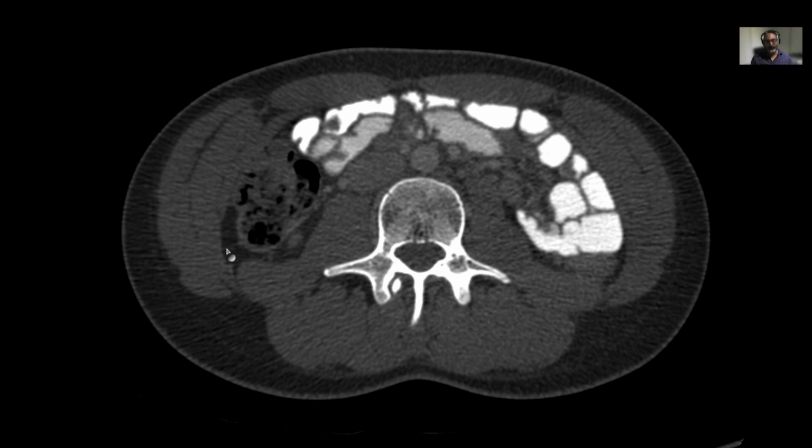Which you can't see again here, but this is inside the parietal peritoneum. And then once you cut the parietal peritoneum, then you are in the peritoneal cavity. And the visceral peritoneum covers the viscera. So those are the layers of the abdominal wall. And so that should be known. So if you come, it depends where you're coming from.